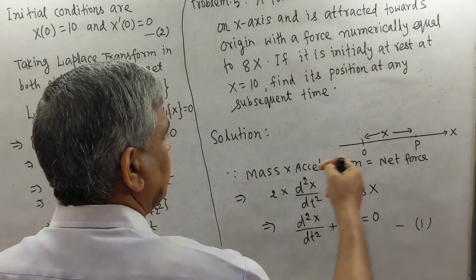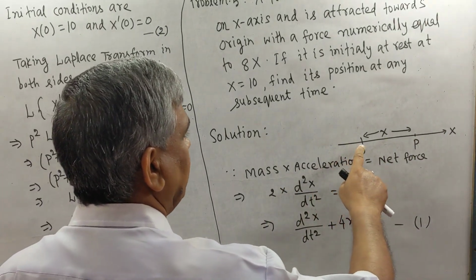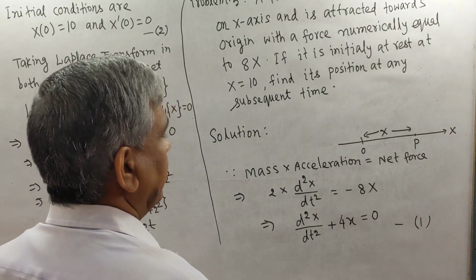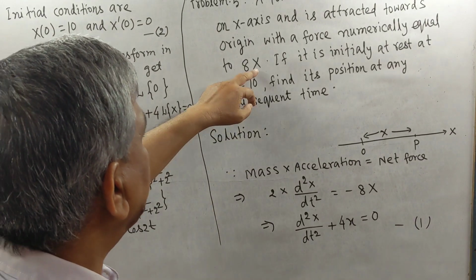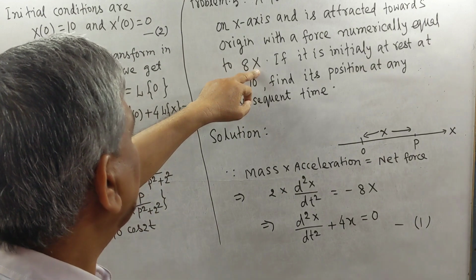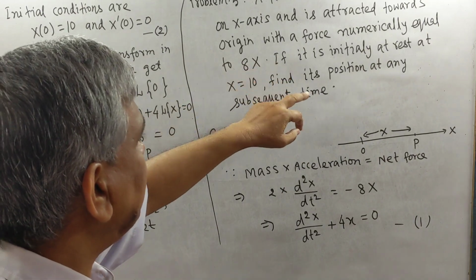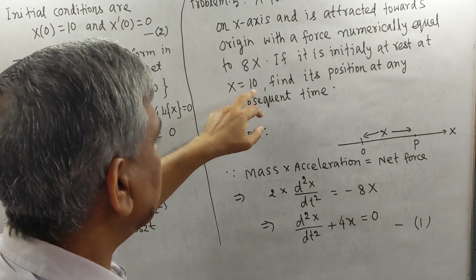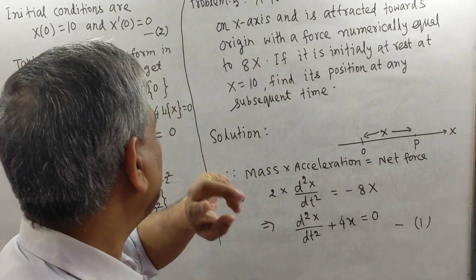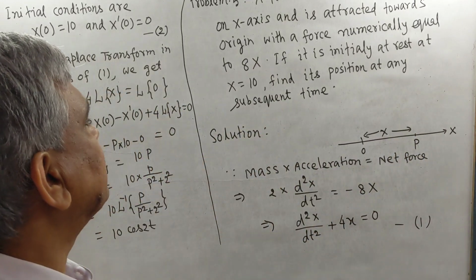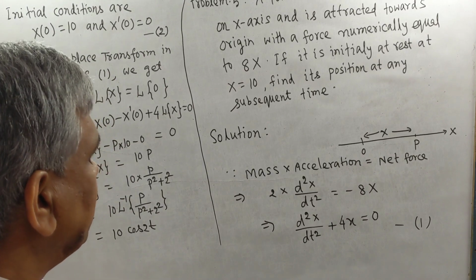The particle is attracted towards the origin and displacement along OX with a force numerically equal to 8x. If it is initially at rest at x equal to 10, find its position at any subsequent time.